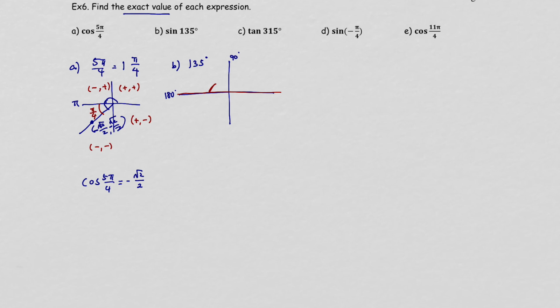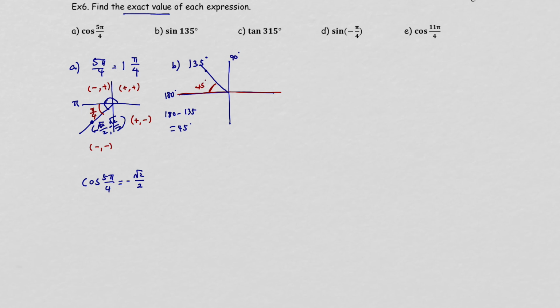So this is the angle I'm going to need. So let's do 180 minus 135 is 45 degrees. So it will be somewhere right here, which is going to be 45 degrees.